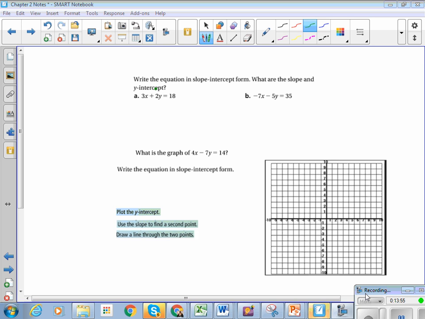So go ahead and write this linear equation, 3x plus 2y equals 18. We are going to put it in slope-intercept form, and then from that form, we're going to determine what the slope and the y-intercept are. So if I'm trying to get y equals mx plus b, the first thing I'm going to do is solve for y. The second thing I'm going to do is identify m and b.